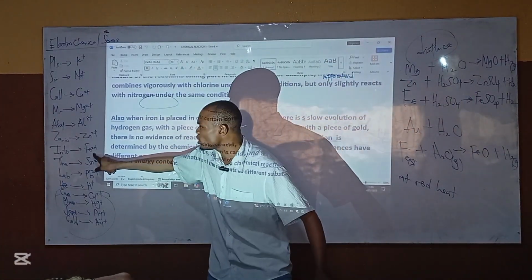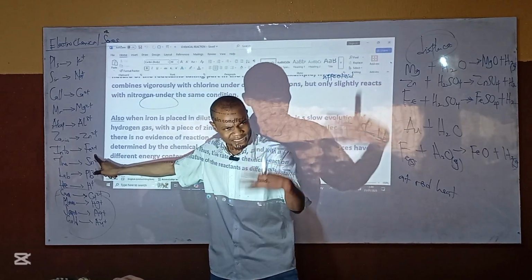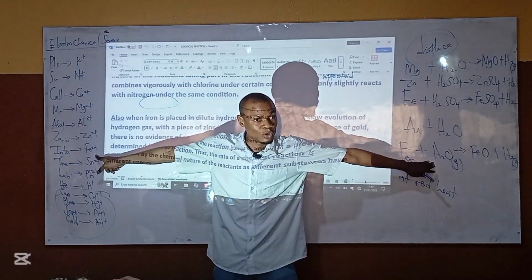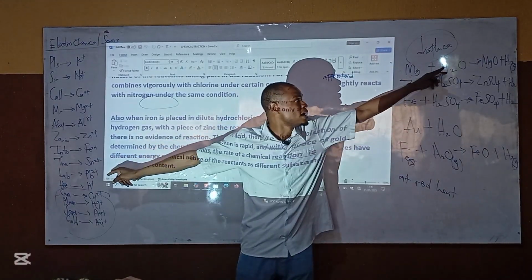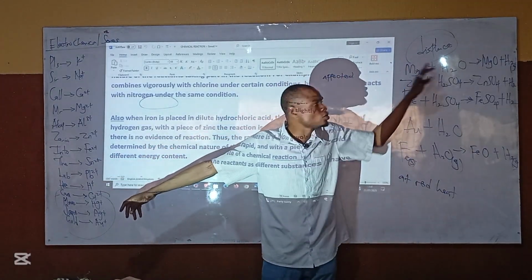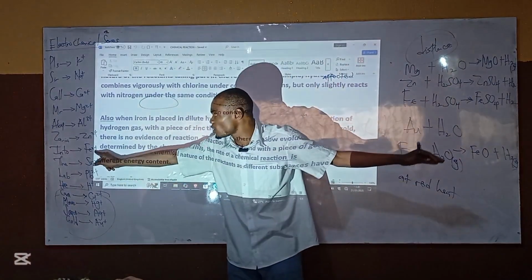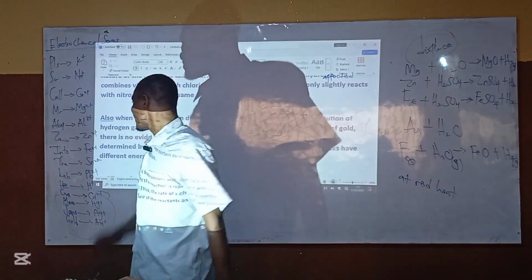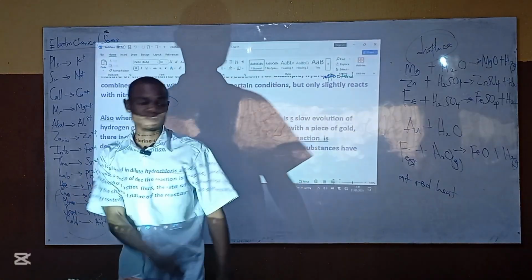Which means for iron to react with water, it takes a greater temperature, because iron must be heated at high temperature and your water will turn to steam also. But for magnesium to react with water, you don't need to heat the magnesium. It's only your water that must be in the form of steam. And it's because they are more powerful than each other. So the reaction will be slow here, the reaction will be fast here.